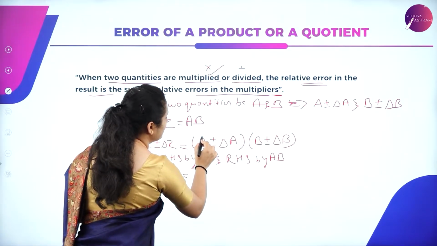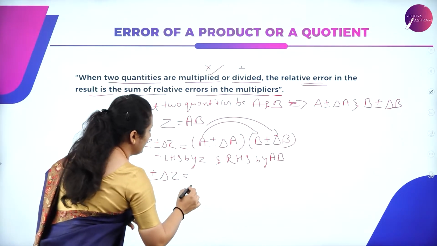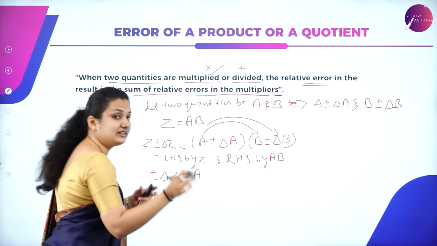How will you multiply? You will take A, multiply B, you will take A, multiply delta B. So first you multiply them and then divide.